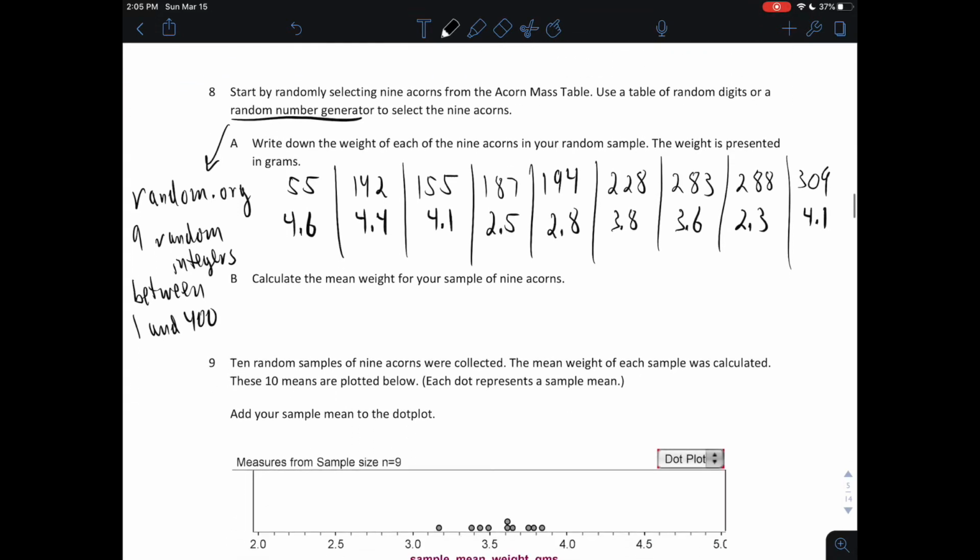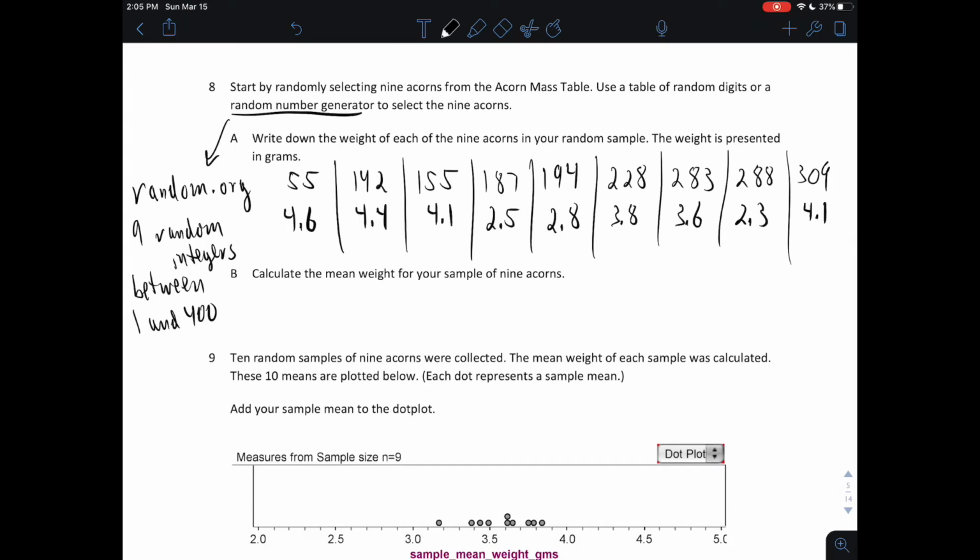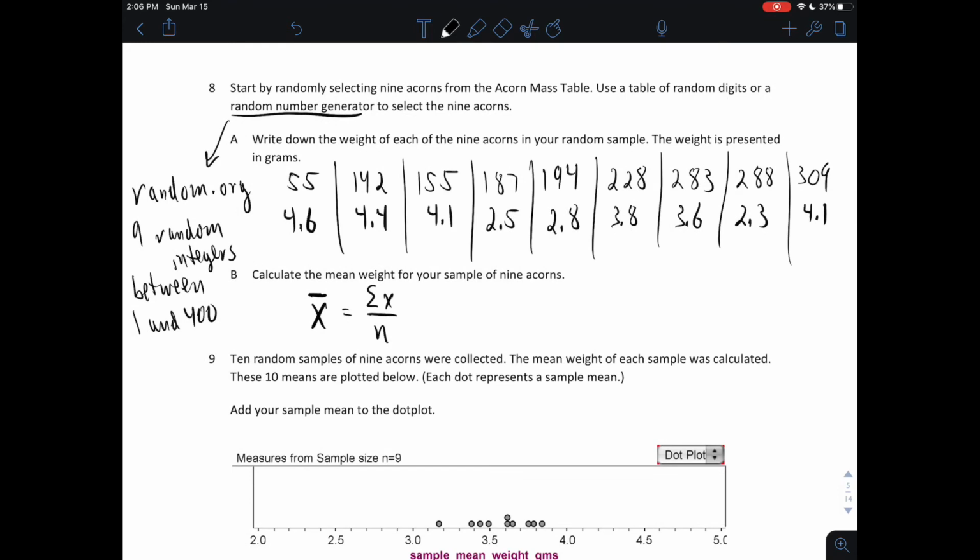All right, part B. Calculate the mean weight for your sample of 9 acorns. This mean weight will be X bar. That's the symbol that we had for Math 21A. This is the sum of all X values, in that case, all of our weights, divided by how many there were in this sample.